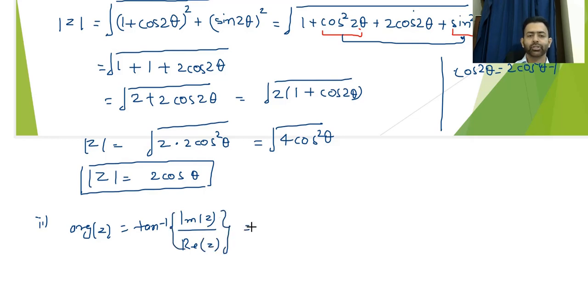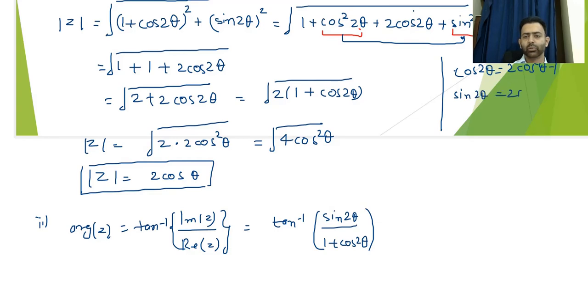So the imaginary part in our question is sine 2 theta and the real part is 1 plus cos 2 theta, right? Again using the double angle formula, this time we replace sine 2 theta with 2 sine theta cos theta. This is the double angle formula for sine 2 theta.